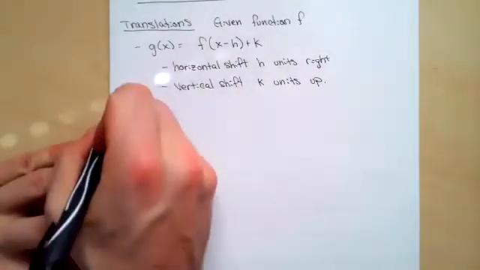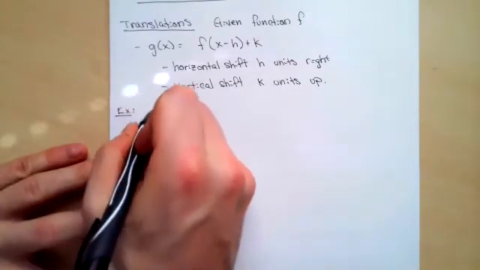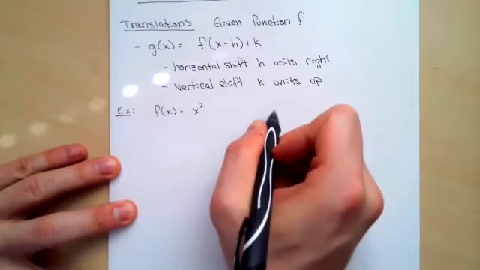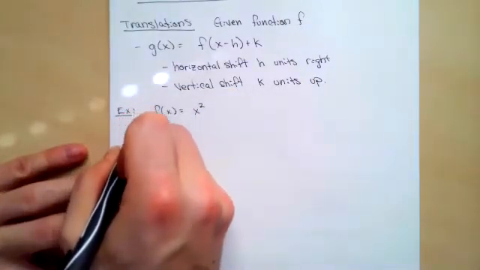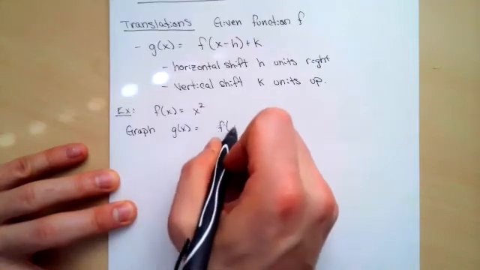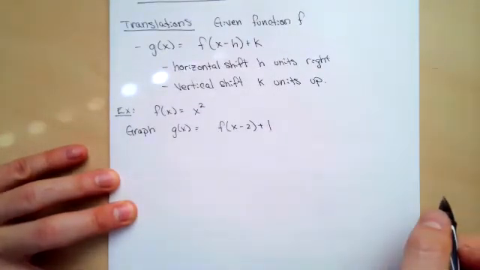So for example, if we have our building block, let's start with x squared, and we want to graph something like this.